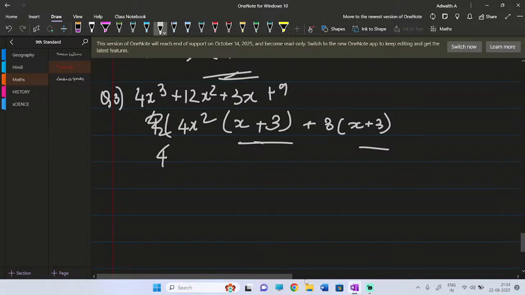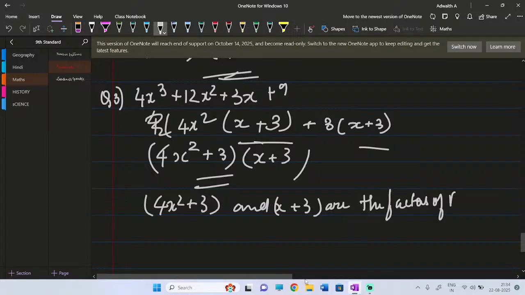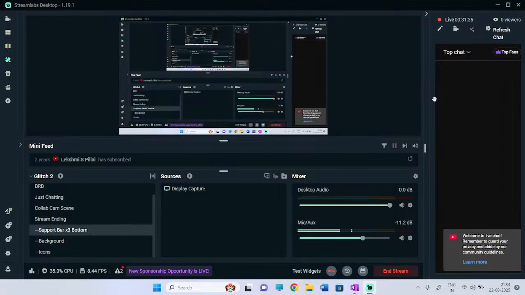So 4x square plus 3, and x plus 3 are the factors of p of x. You can put p of x everywhere now. Like you know how to name. So you can also write p of x equal, because you know that's a polynomial.